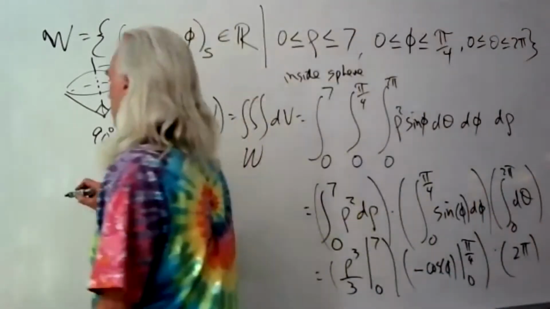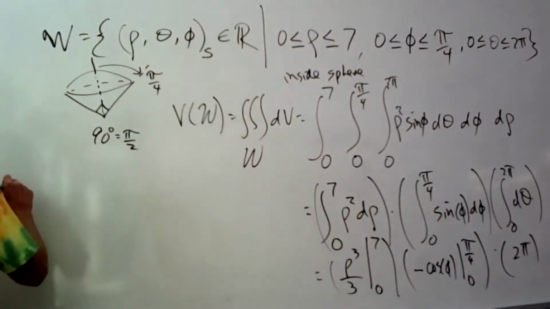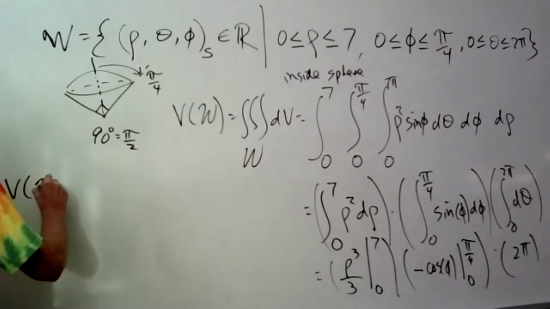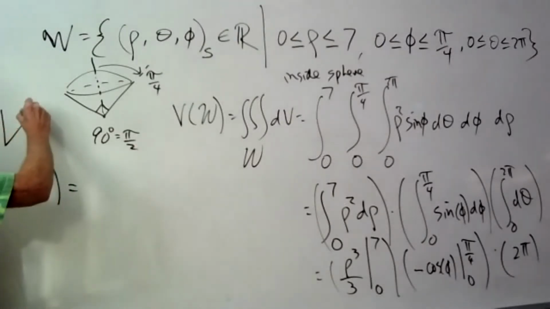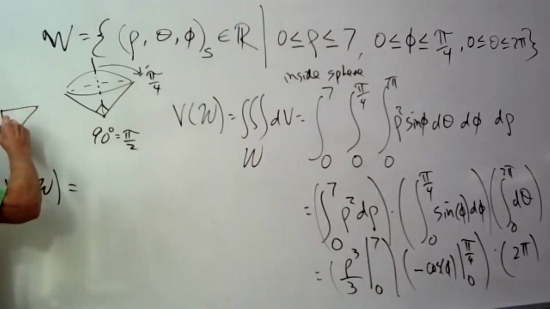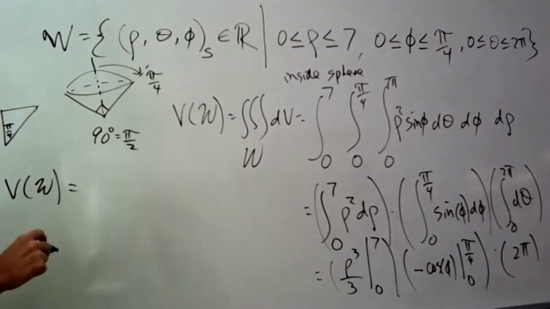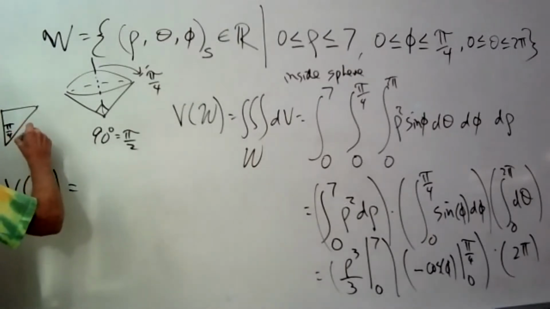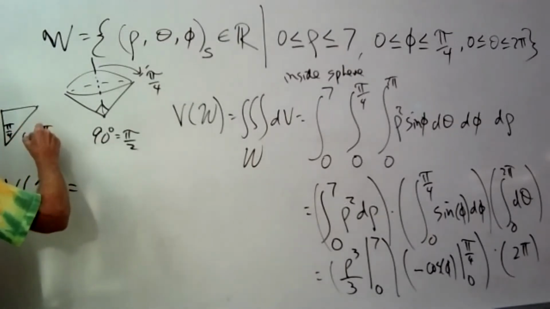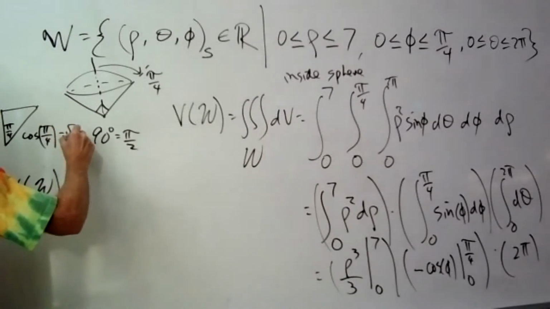All right, let's think before I evaluate this. Let's draw a little triangle, pi over 4. Cosine is square root 2 over 2.